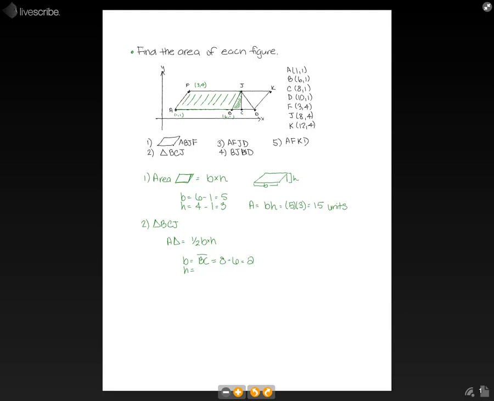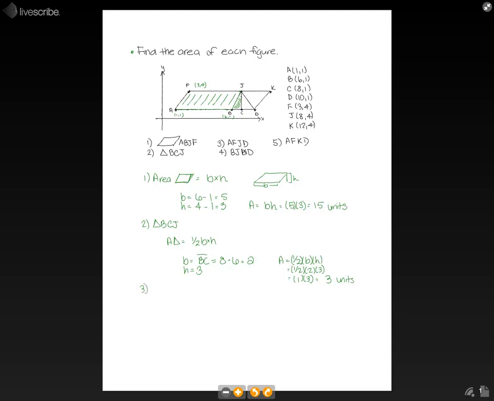Since this is a parallelogram, we know that the top line and the bottom line have to be parallel, so we can use the same height that we had from before, which is 3. That means that the area is 1/2 base times height, or 1/2 times 2 times 3. The 1/2 and the 2 multiply together, giving us 1 times 3, which is just 3 units.